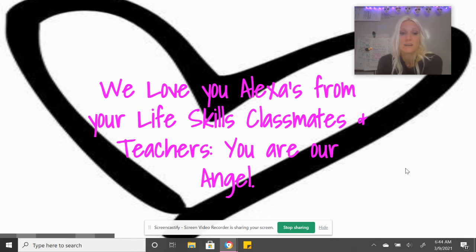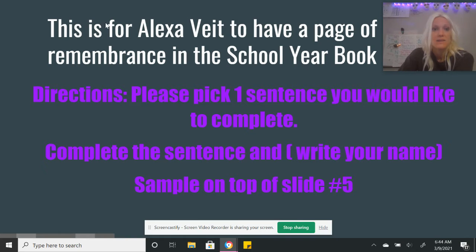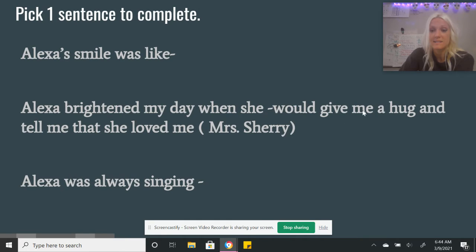So we love you, Alexa, from your life skills classmates and teachers. You are our angel. So here's what I mean by the sentences. It says, this is for Alexa V to have a page of remembrance in the school yearbook. Directions.